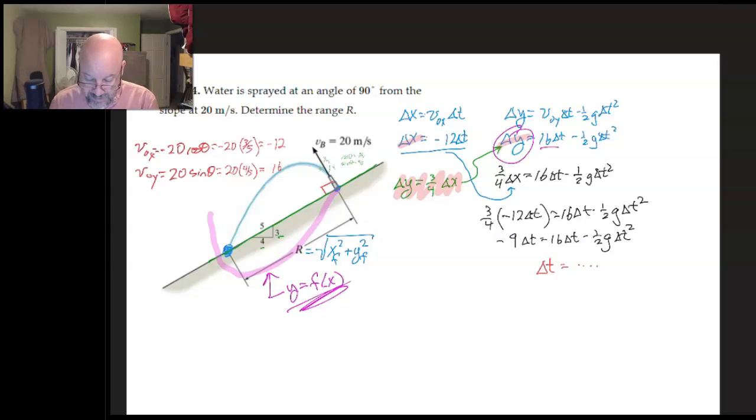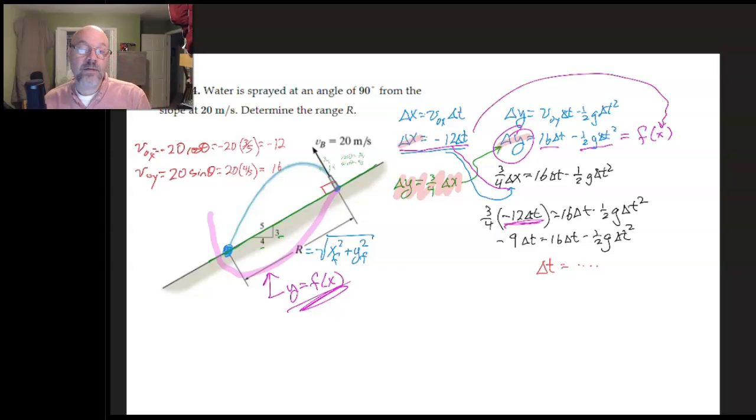So we would have 16 delta t minus 1/2 g delta t squared is equal to whatever that is. Then, just like before, we took this and substituted it in right there. We would do the same thing. We would take that relationship and drop it in over here.